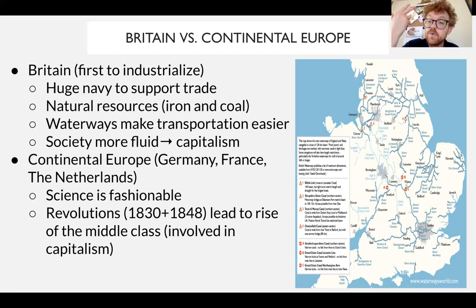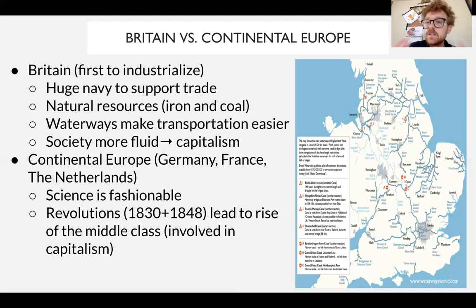And waterways are great for two reasons. One, you can transport goods easier. But two, in this initial period of industrialization, in the first industrial revolution, these factories are powered with water mills. So a lot of these factories are along waterways.